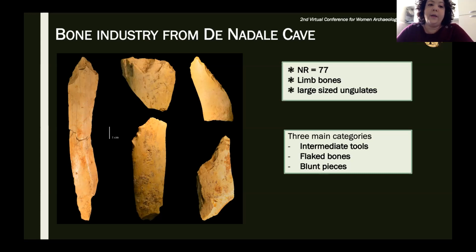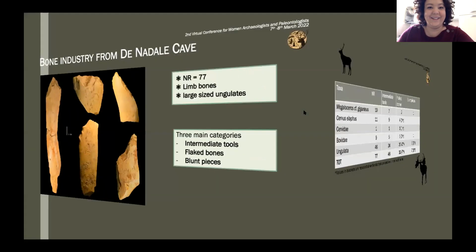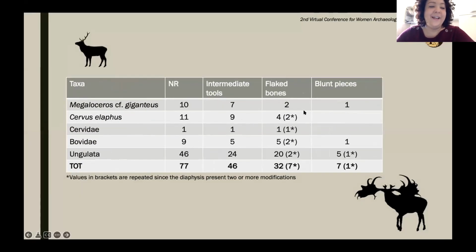And we were able to distinguish between intermediate tools, flaked bones, and blunt pieces. For now, the study is really preliminary, so I just separated these three categories. And I started to measure the angles, the mapping angles, to infer some recurrency. We will see going on with the study.